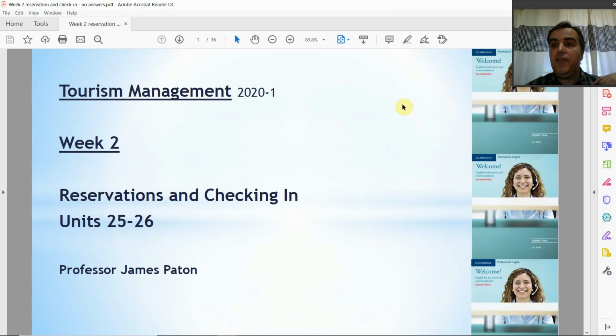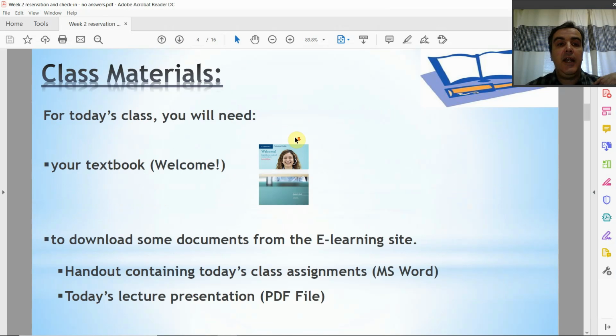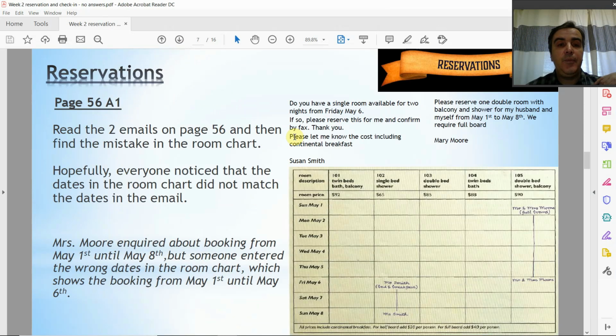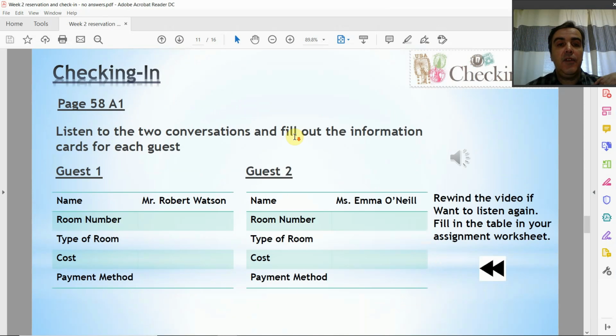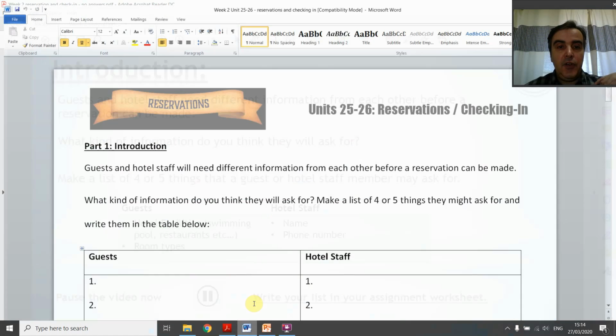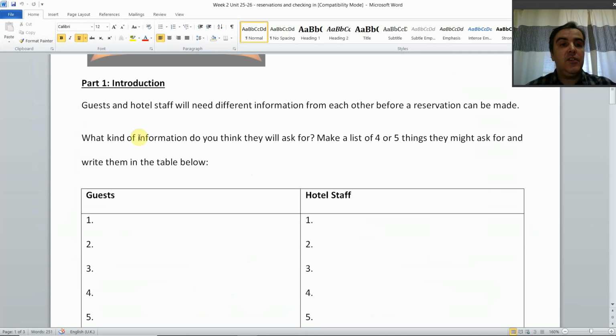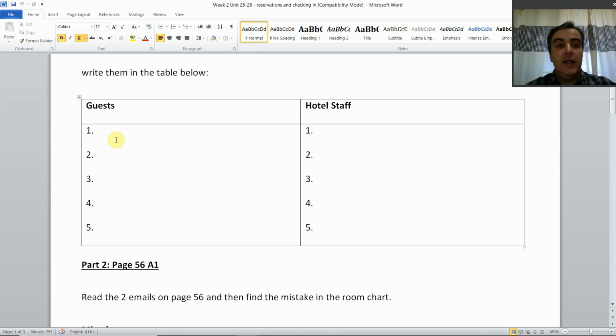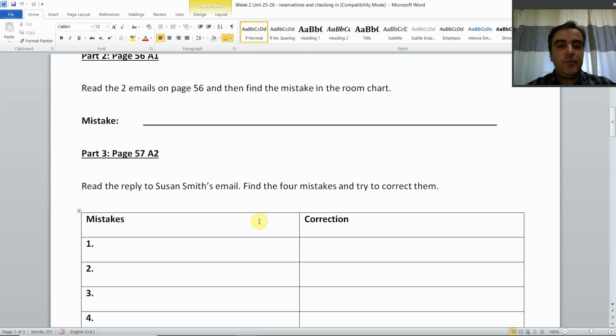The PDF file has today's slides, everything that we're going to talk about today. And your assignment handout has all of the parts that you need to complete. While we're watching the video, we'll stop and you can do each part.